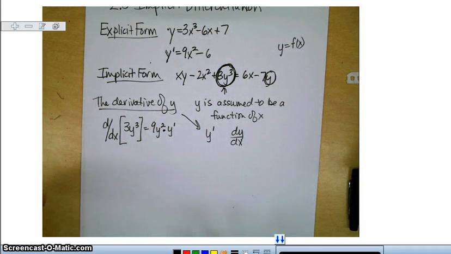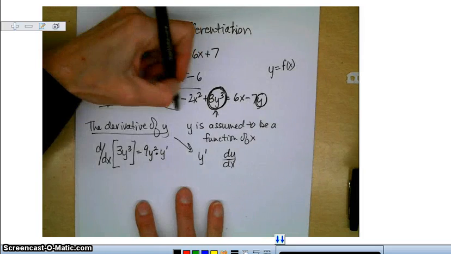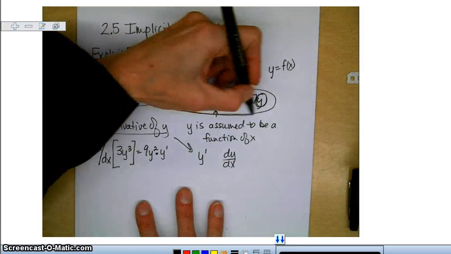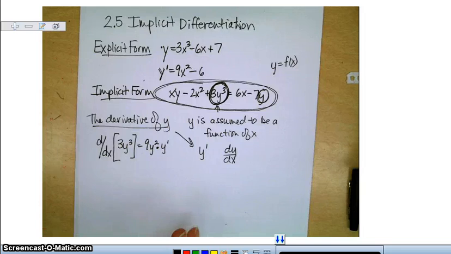So anytime you're going to do an implicit differentiation problem, okay, you're going to do one of these, it has x's and y's all mixed up.